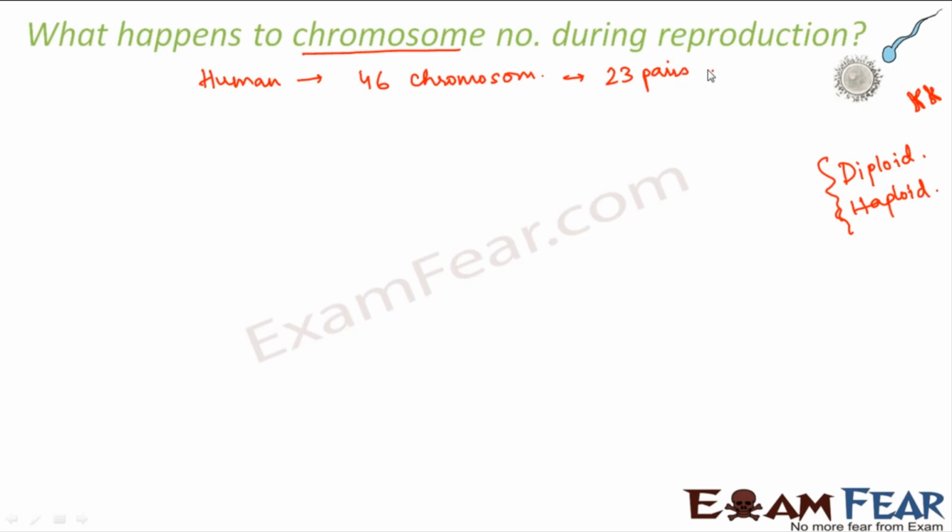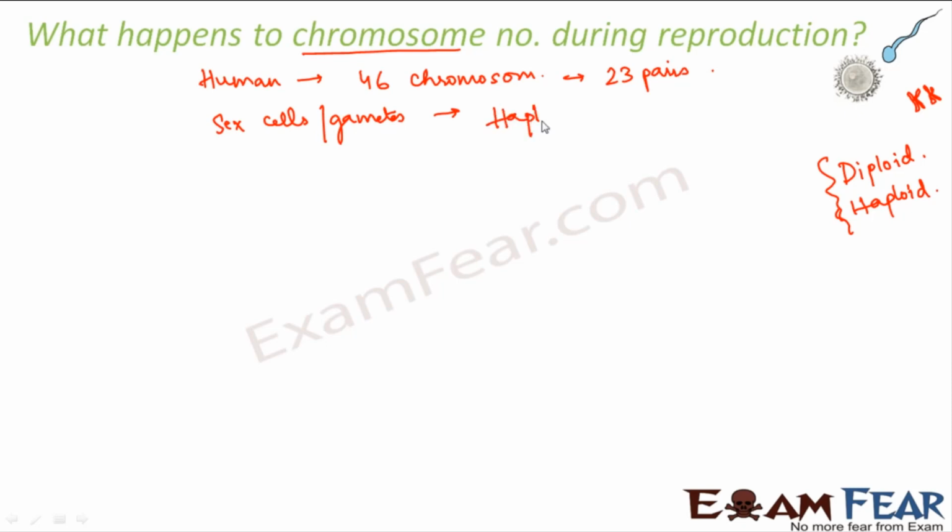The sex cells, that means the sperm cell and the egg cell, are specialized cells which are not diploid. They are haploid. That is, they have half the amount of genes or half the number of chromosomes. So the sex cells or the gametes, whatever you call them, have half the number of chromosomes.